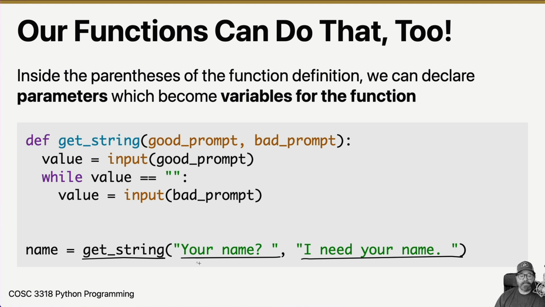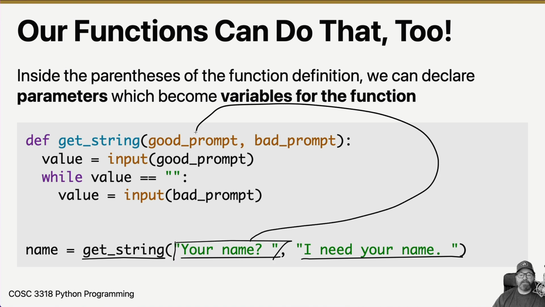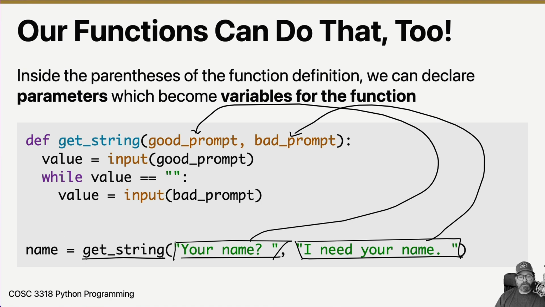What happens is Python takes this value right here, your name, and it assigns it to this variable, good prompt. And then Python takes this next argument and assigns it to this parameter, that variable, bad prompt. So when getString is called with these two values, inside getString, good prompt is now your name and bad prompt is I need your name.